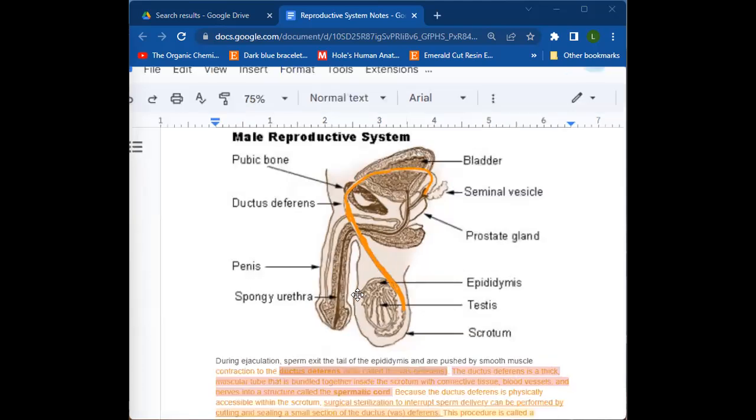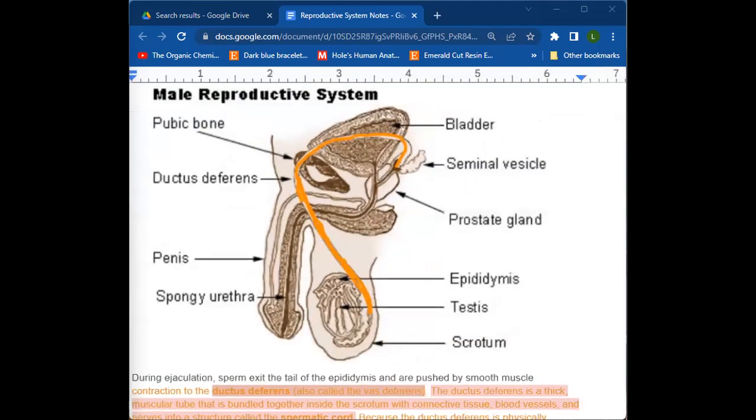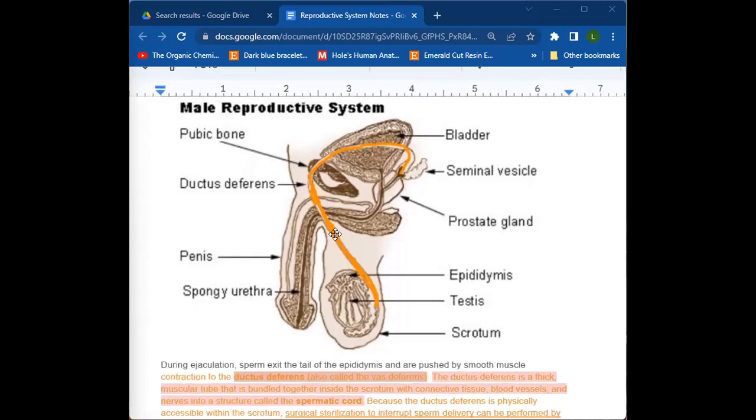You can see that the vas deferens goes from the epididymis all the way up behind the bladder to the prostate gland. This is also where the term vasectomy comes from, because a vasectomy alters the vas deferens to prevent the sperm from being able to leave the male body.